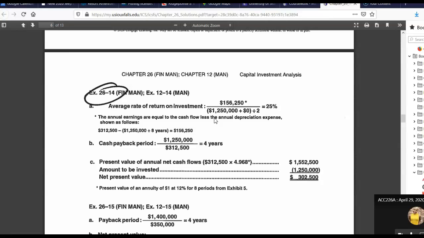So let me just clarify it a little bit more than what you had said. So if it is a number that, let's say this, if there is unequal cash flows every year, unequal, meaning they're different every year, you will have to use Exhibit 2, the present value of a lump sum, the present value of a dollar.